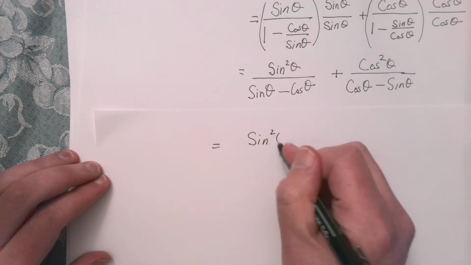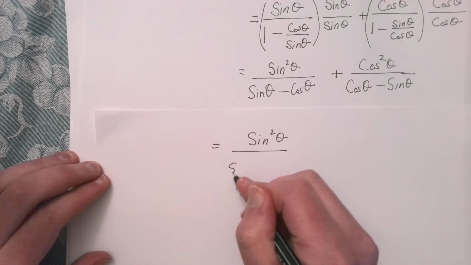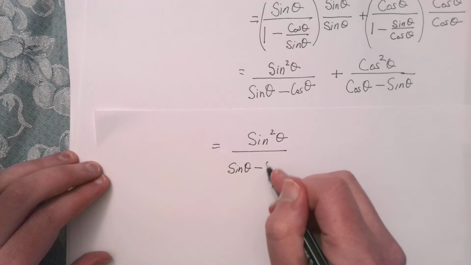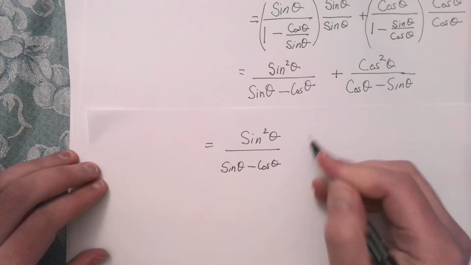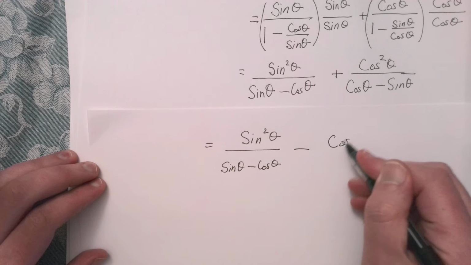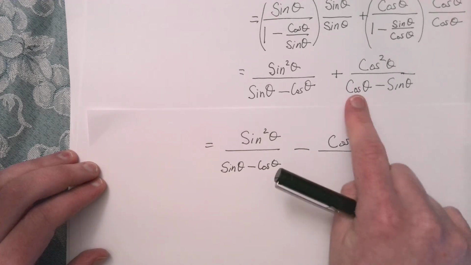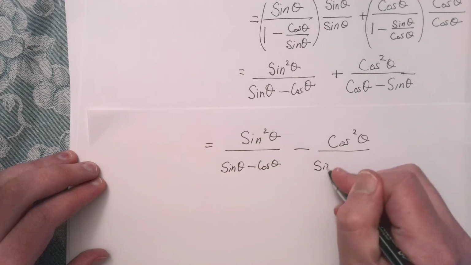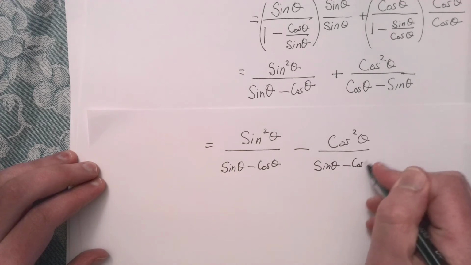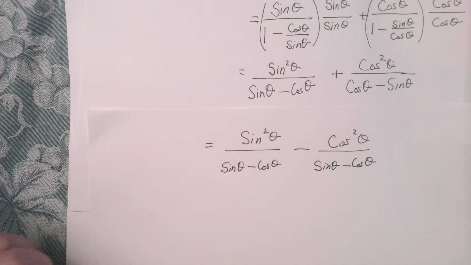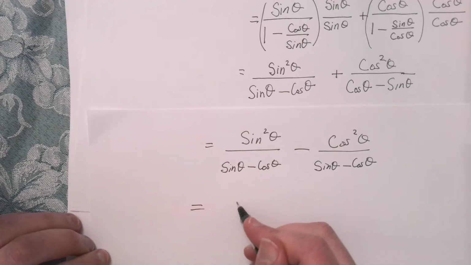And so I've got sine squared of theta over sine of theta minus cosine of theta. So this would be minus, because I'm factoring out a -1 here. And if I factor out a -1, then that means the sine will be positive and the cosine will be negative. That gives me common denominators, so that seems pretty nice.